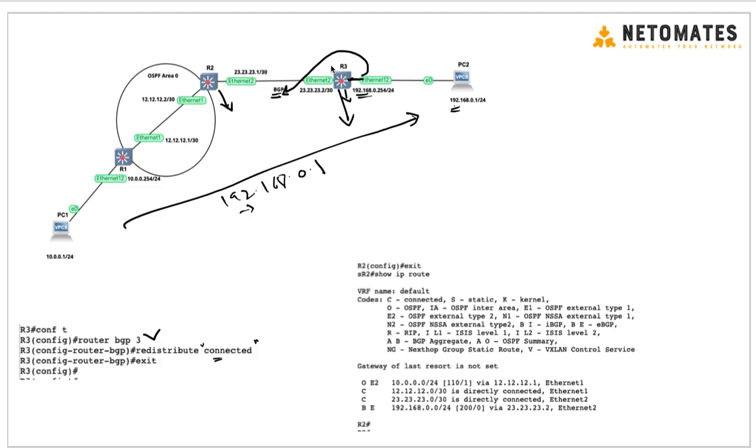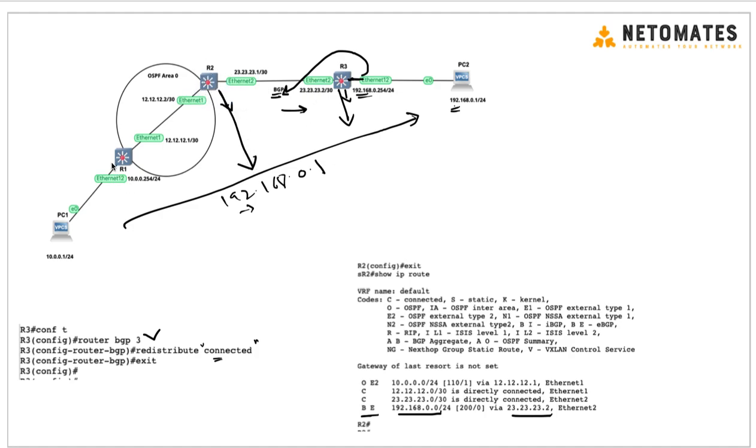Now R3 will advertise that route with BGP to R2. On R2 now you can see there is an external BGP route for the 192.168 network via 23.23.2.1. So this is also covered.